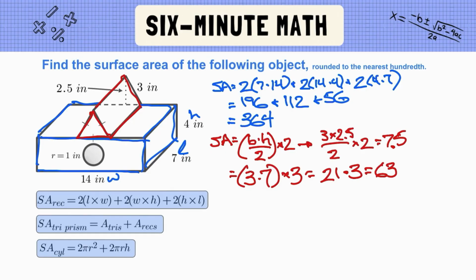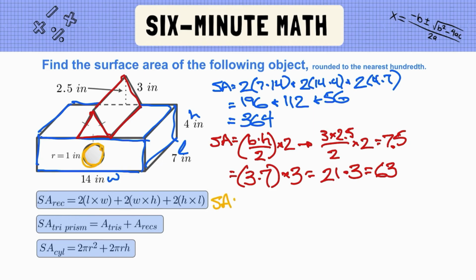The last thing we need to look for is the area of this cylinder. Now in this case, this is a hole through my composite shape. So I'm actually just going to look for the lateral side, which would be the inside of this hole. So let's just do that in yellow.